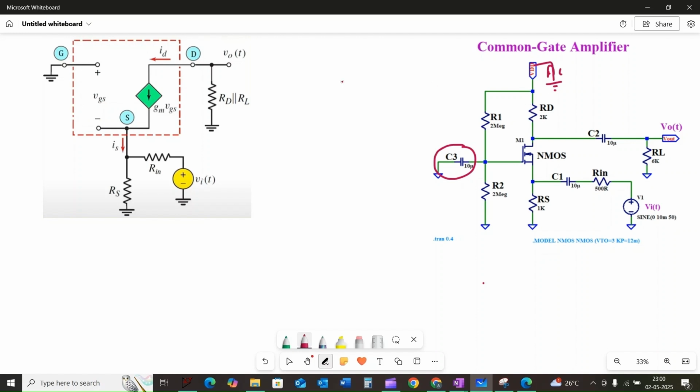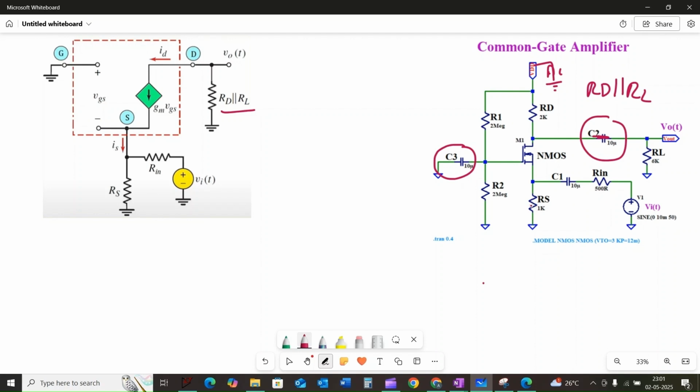Going to the drain node here, the resistor RD is connected to the AC ground and the resistor RL is connected to the ground, and the capacitor C2 acts as a short circuit in the AC analysis, so that the drain resistor RD is parallel to the RL.